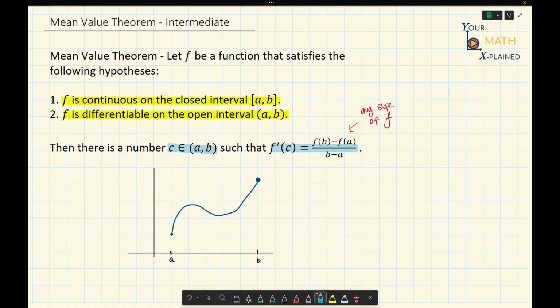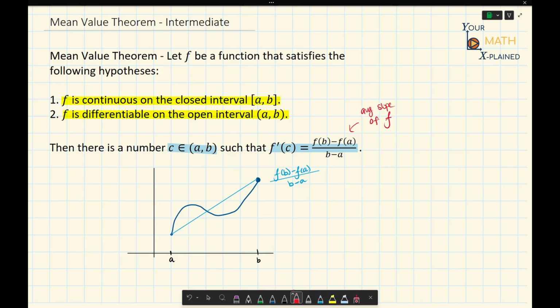Now the average slope of this function in this interval is just the slope of the line that connects point a to point b. So here is f of b minus f of a over b minus a. And what the mean value theorem states is that there must be a number c within a and b such that the tangent line has the exact same slope.